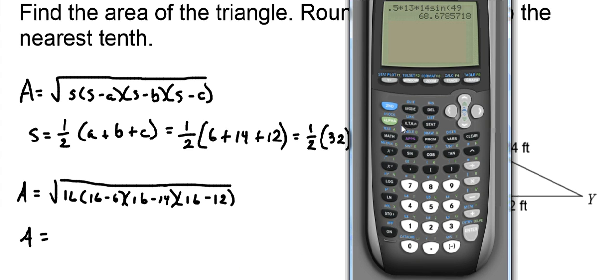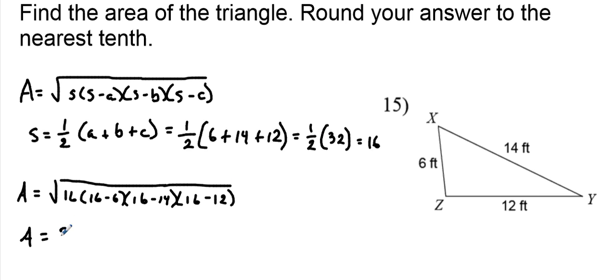So to get the square root, remember, second x squared, 16, parentheses, 16 minus 6, 16 minus 14, and 16 minus 12. And we're going to round this to the nearest tenth, so we would get 35.8, and that would be 35.8 square feet.